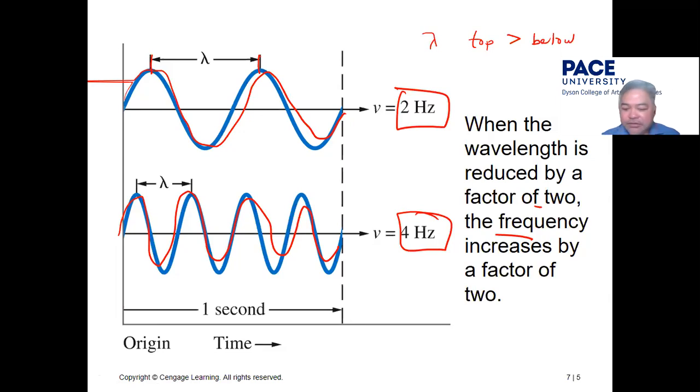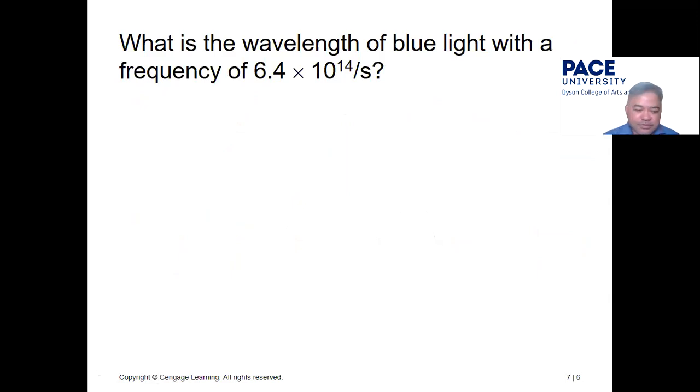Okay, now, how do we look at the problems in this chapter? This is how we look at the problems here. What is the wavelength of blue light with the frequency of 6.4 times 10 to the 14 hertz?